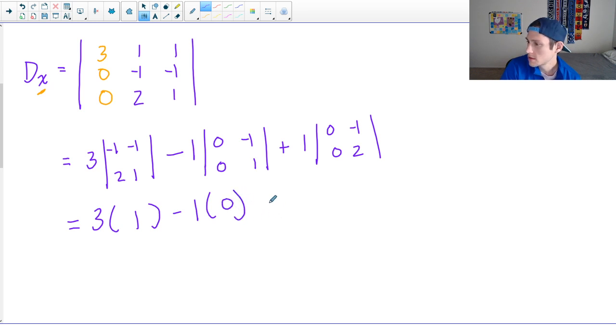Great, that's easy. Plus 0 times 2 is 0, minus 0 times negative 1, so again, 0 minus 0. That's awesome. So this just equals 3 minus 0 plus 0. Great, 3. Okay, so now I know that this dx here is 3.